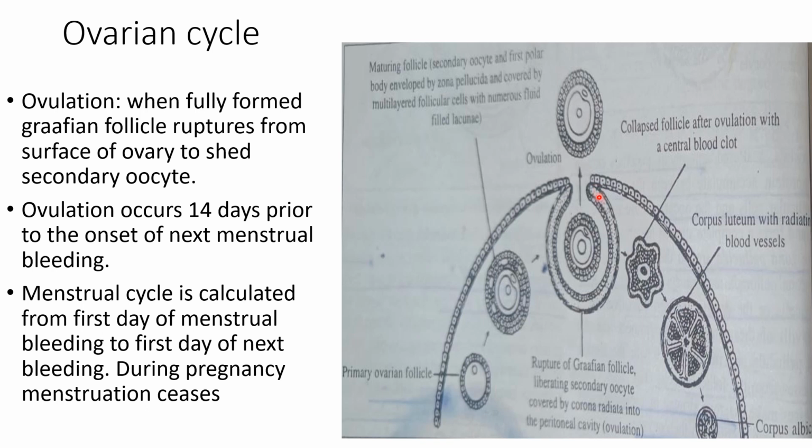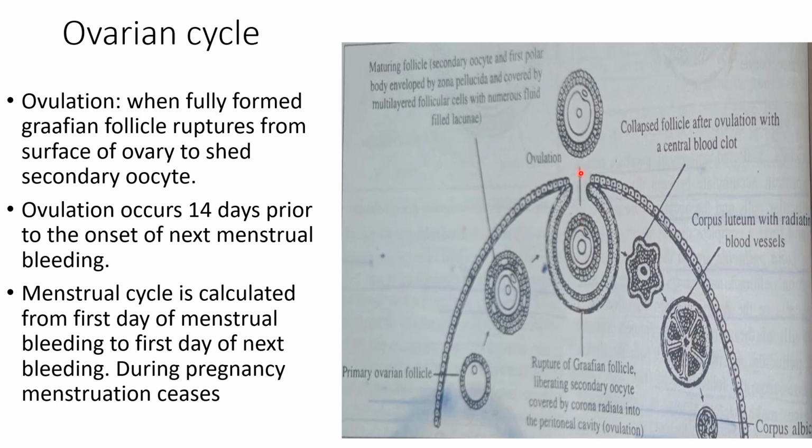Now what is ovulation? Ovulation is the process where a fully formed Graafian follicle ruptures. A fully formed mature Graafian follicle ruptures from the surface of the ovary to release the secondary oocyte.